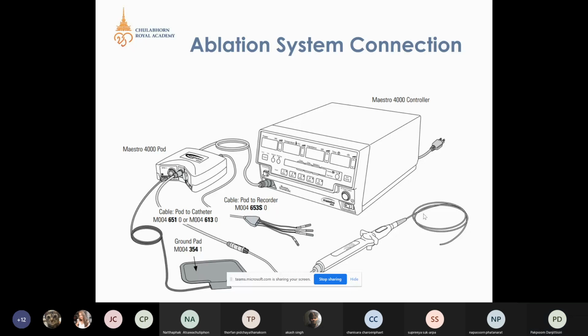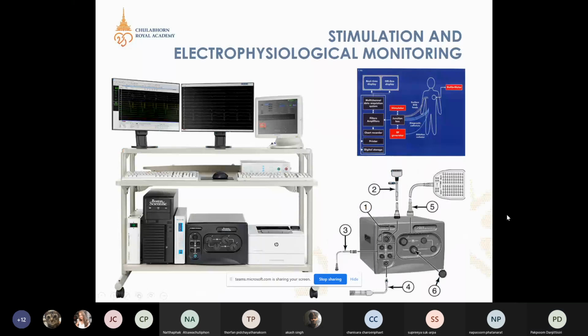If the question is how to show the signal from the ablation catheter, which is inside the heart, in this slide I just showed you the diagnostic catheter, which is in the patient's heart and will be connected to this junction block, right?